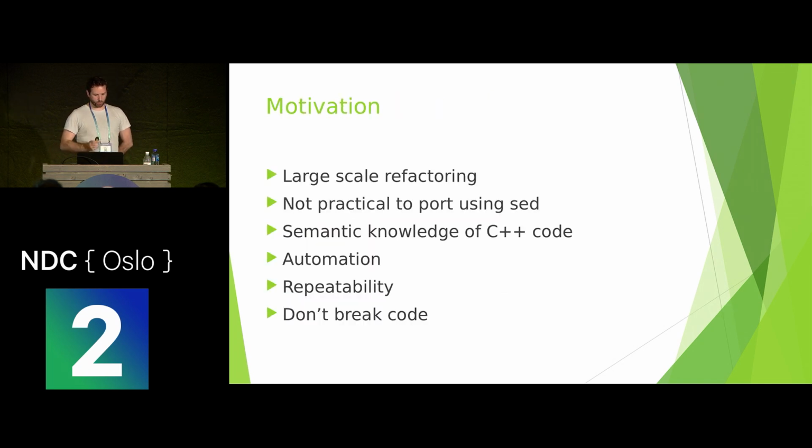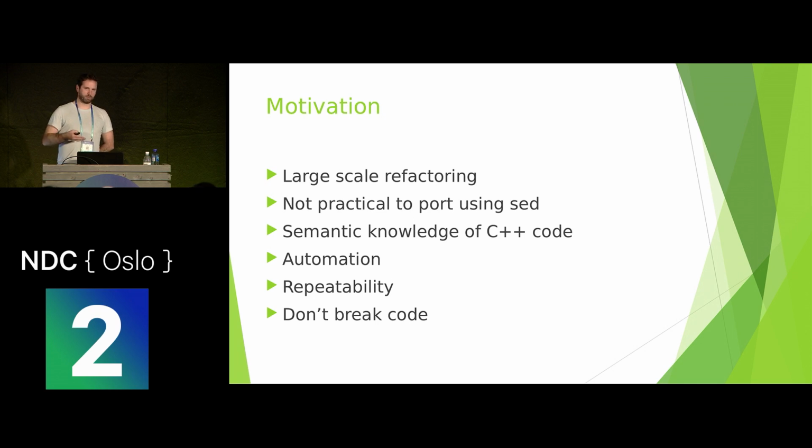So we want to be able to do large-scale refactoring. In cases where it's not possible to do with sed or a Python script, in cases that require semantic knowledge of C++ code, of your C++ code, in order to complete the refactoring. We want it to be automatable so that we're not doing it manually and spending a lot of human hours doing it.